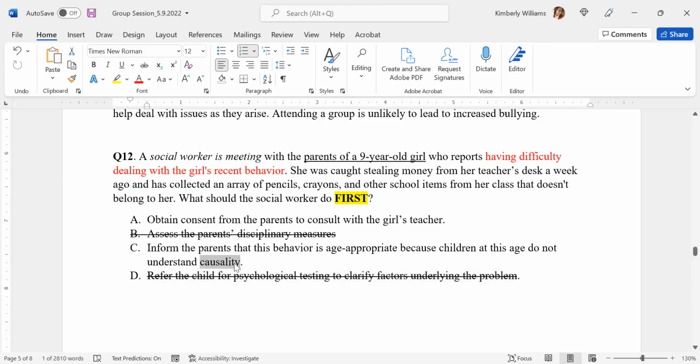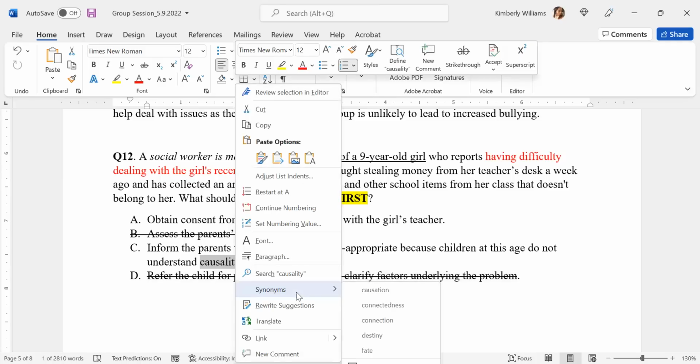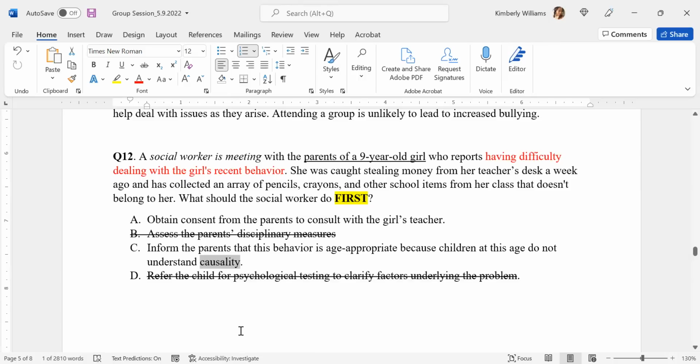Okay. Anybody else got anything in regard? I tried to find a simpler word. I would say informing the parents that the behavior is age appropriate wouldn't be right, and I'm not trying to sound like I'm disagreeing, but at 9, well, they're having trouble dealing with her behavior.